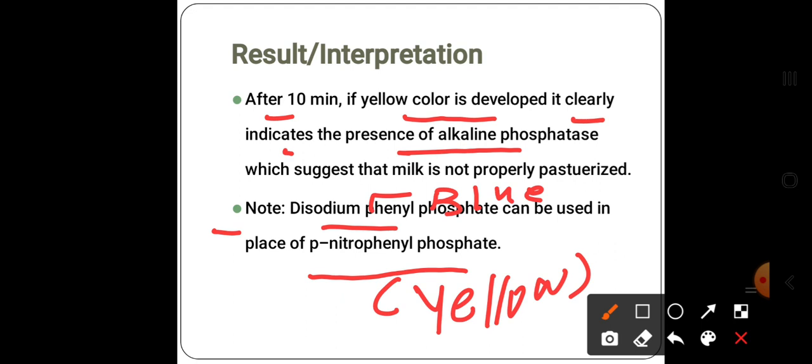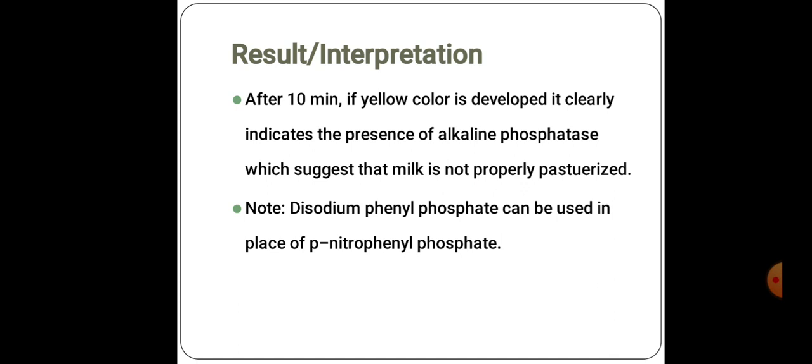If the blue color is present, it will indicate the presence of the alkaline phosphatase enzyme in the milk sample. Alkaline phosphatase is dangerous or harmful for humans, as it will damage the liver in the human body.